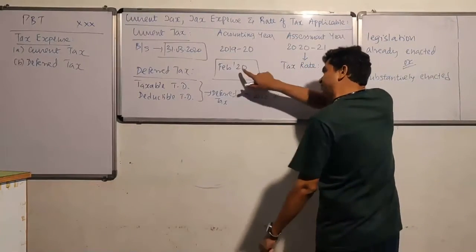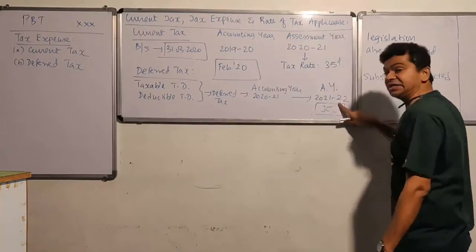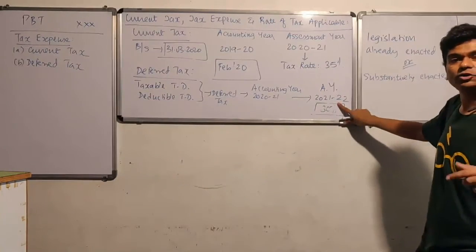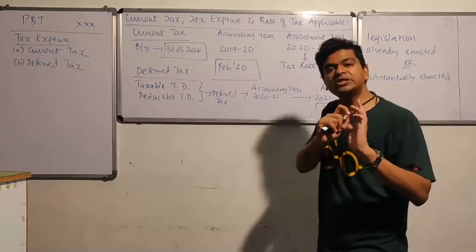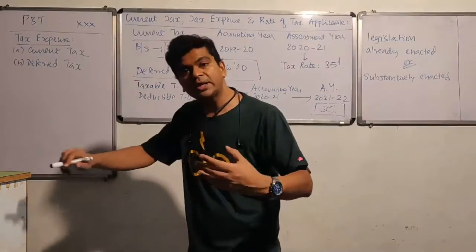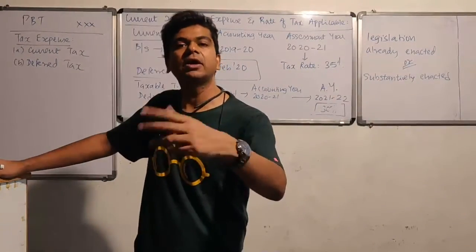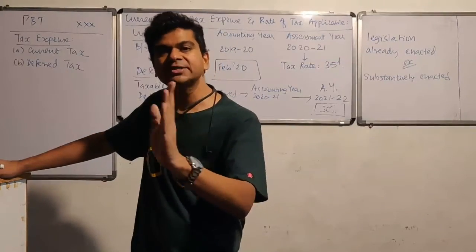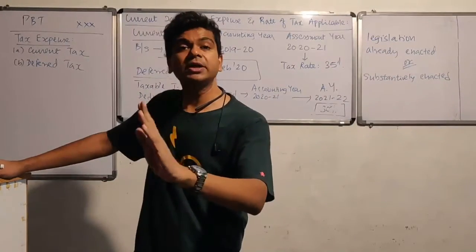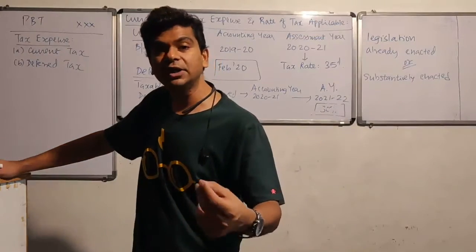The budget of February 2020 will affect my assessment year 2021-22. So let us say one of the budget proposals announced in the February 2020 budget is that by the next assessment year companies will pay tax at 30%.